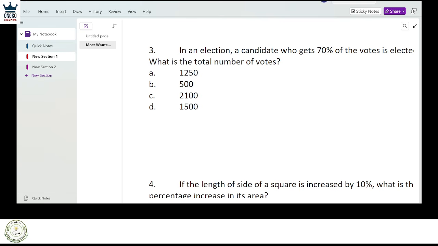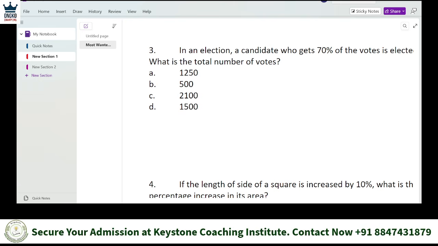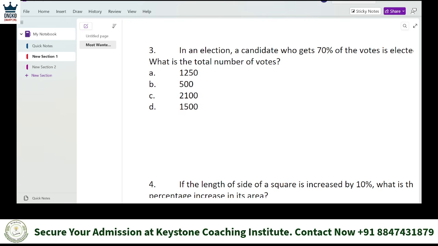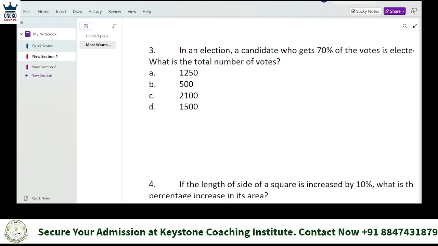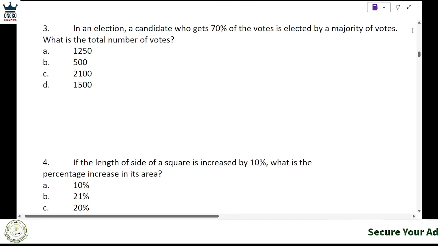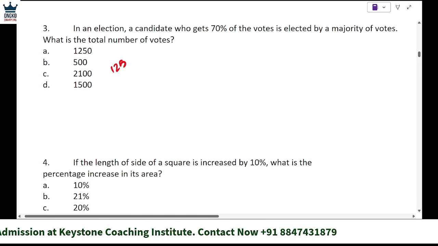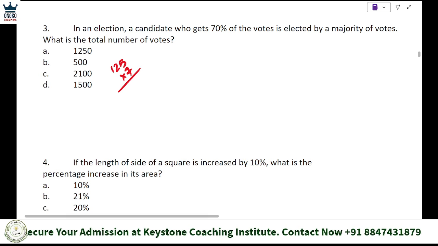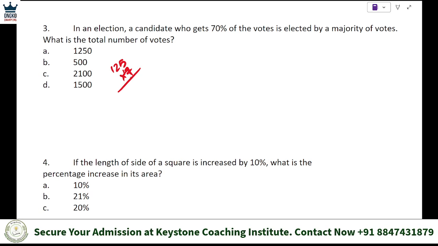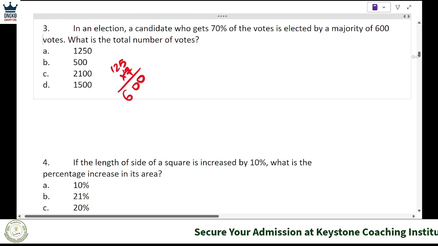We can just make the question right away. Let's say by a majority of 600 votes.